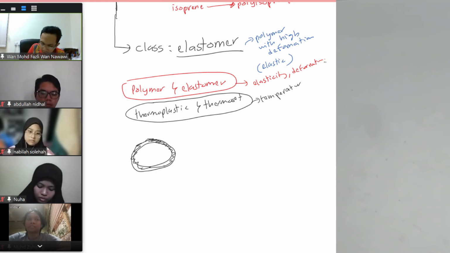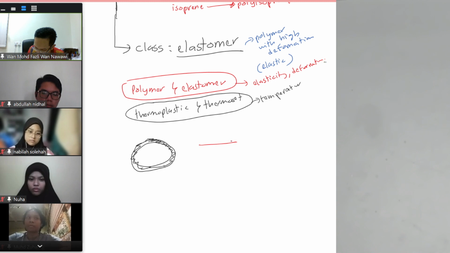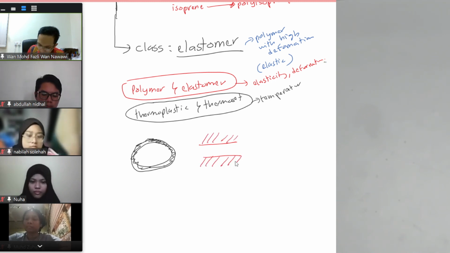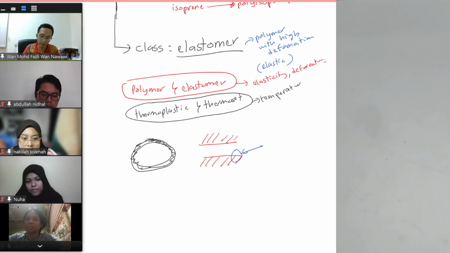So when you have a gasket like this, and you have two surfaces, maybe the surface seems clean to you, but under the microscope you can see a lot of pits and troughs, a lot of irregularity.